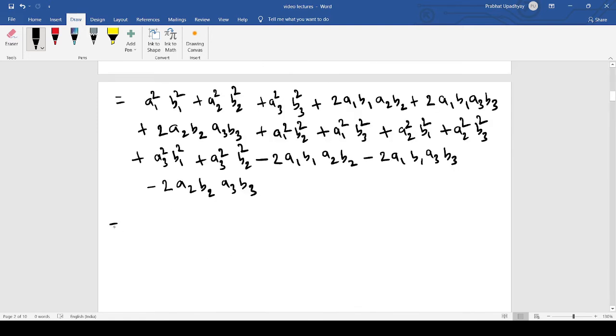Now let's see how we will combine it. So this term will give you a1 b1 plus a2 b2 plus a3 b3 complete square.